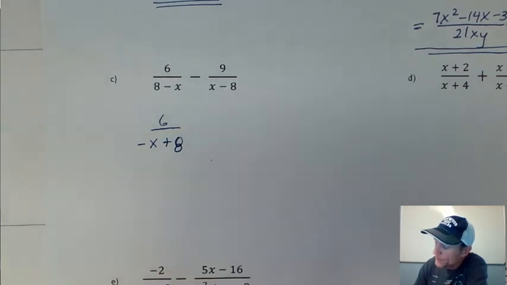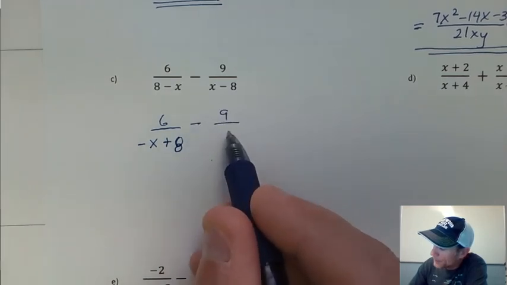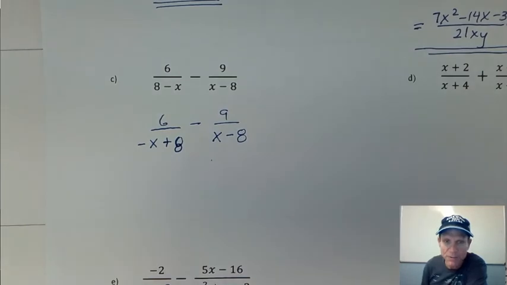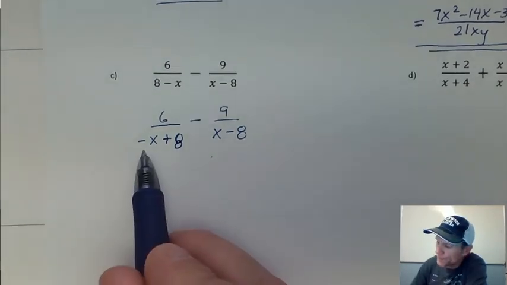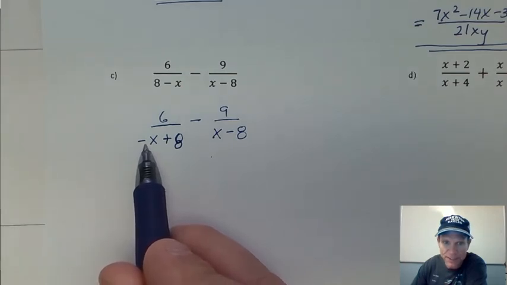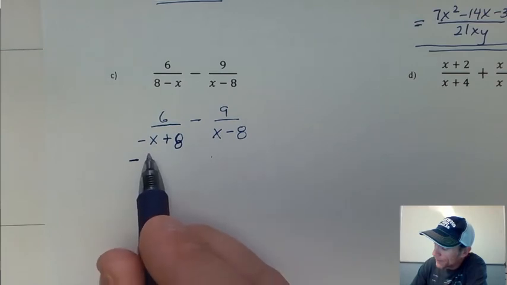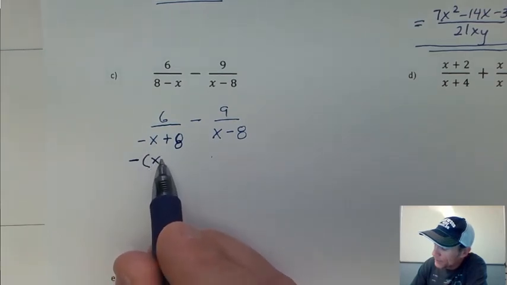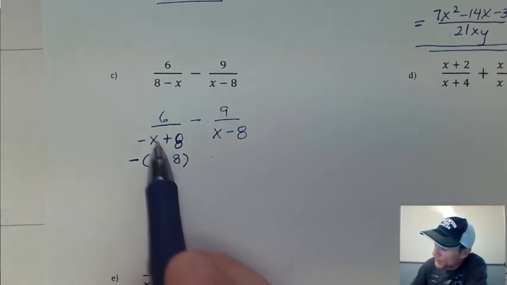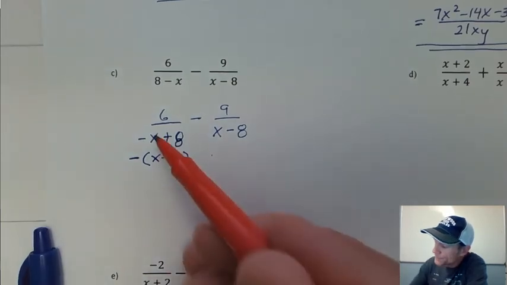Okay. And then minus. So there we're in the same order. If we remember from the previous videos, we would factor out a negative here. I'm going to factor a negative out front, and I have x minus 8 when I pull that negative out. So I'm going to draw a little line through this denominator because I've rewritten it.